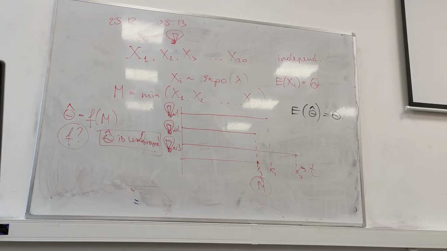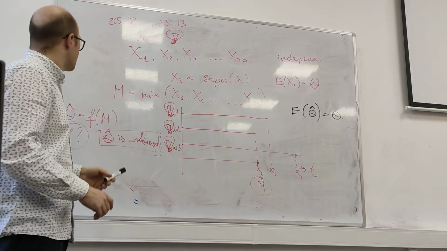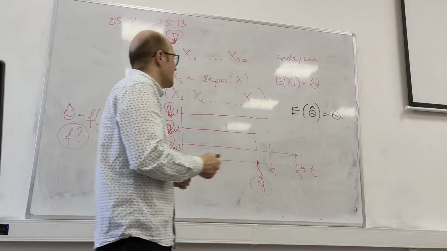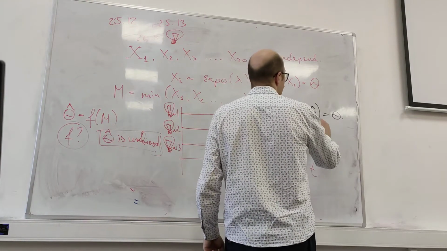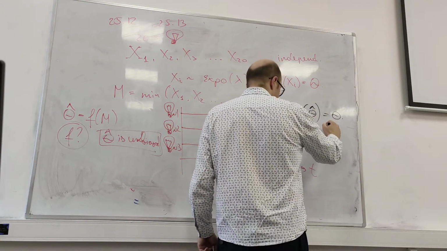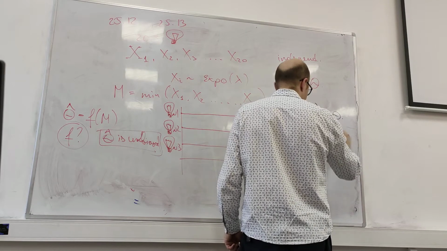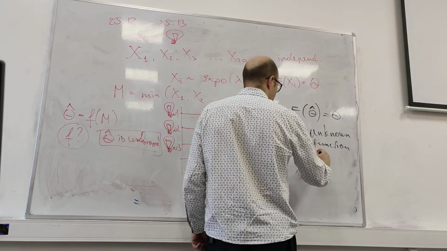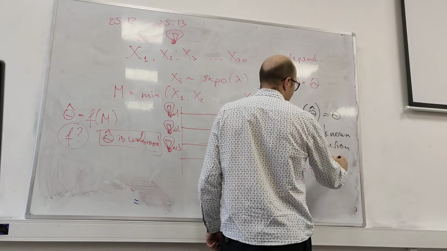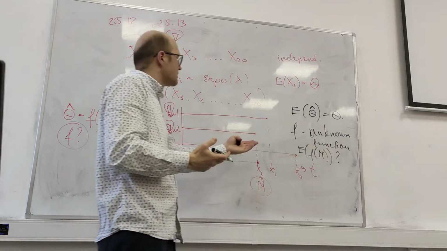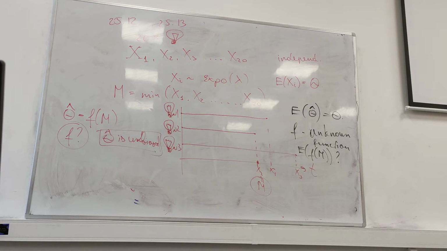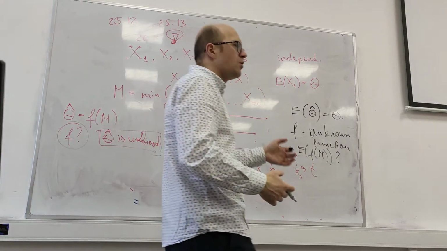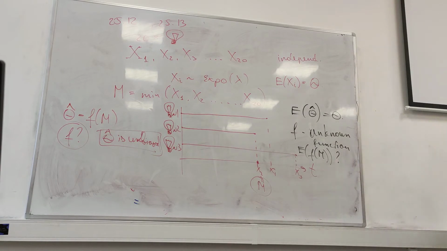So we don't know how to calculate it because f is an unknown function. We cannot calculate the expected value of f of m. I don't know, maybe it's m squared or m cubed or cosine of m or 1 over m or m times 5.